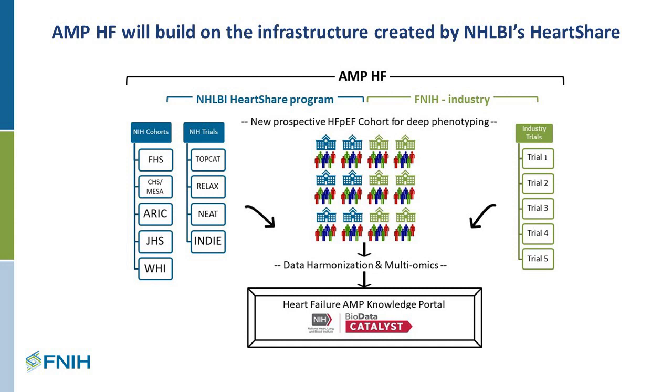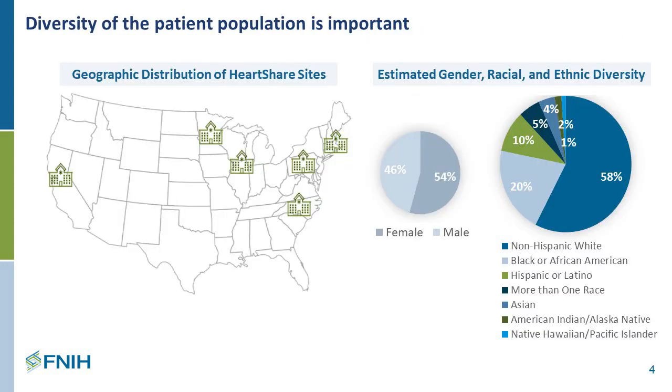And then whether we decide as a group to fund 2 additional sites, 4, 6, whatever the number is, those sites will be part of a larger program so that the whole HeartShare program and the industry supported side will constitute the AMP program. So I hope that's clear. I thought a visual of this would be most helpful, but the data from both sides together will be within BioData Catalyst for a combined analysis.